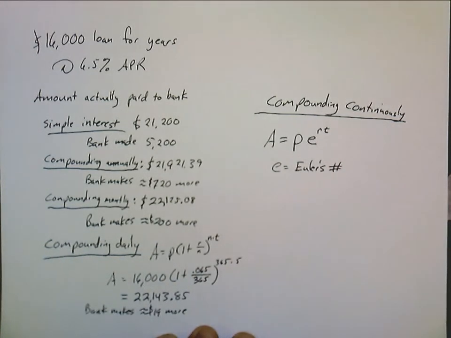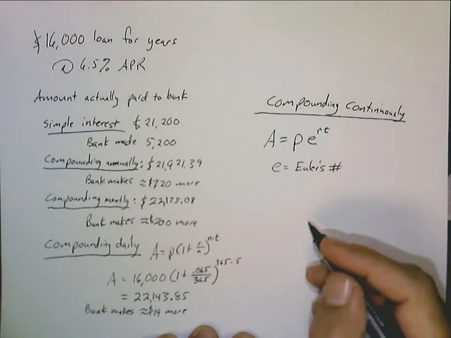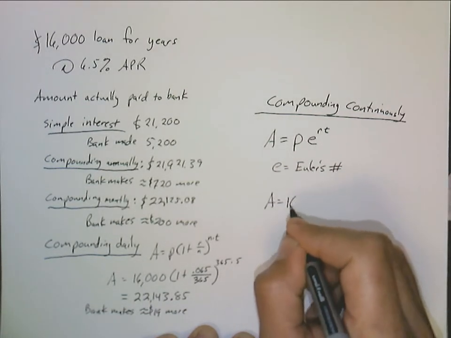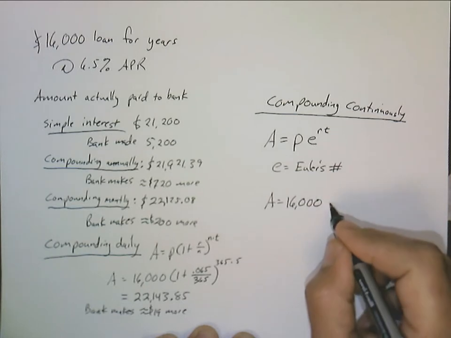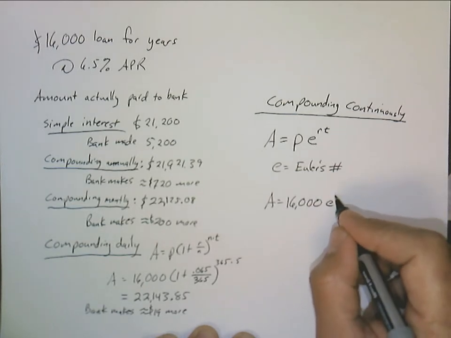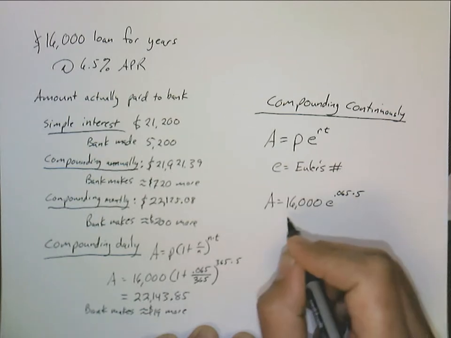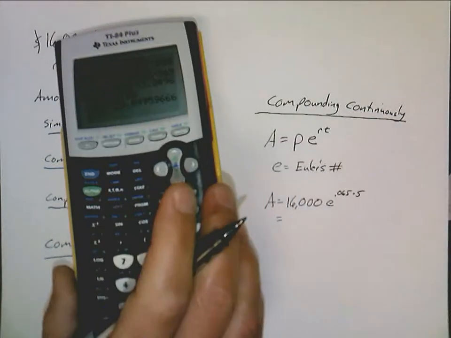Very special number. It's a lot like pi. It's an irrational number, even transcendental. It's about 2.7 something, whatever, but it doesn't really matter. So even if we're compounding continuously on this, the amount we're going to have to owe back is going to be 16,000 times e to the power of 0.065 times 5. Let's see what that is.